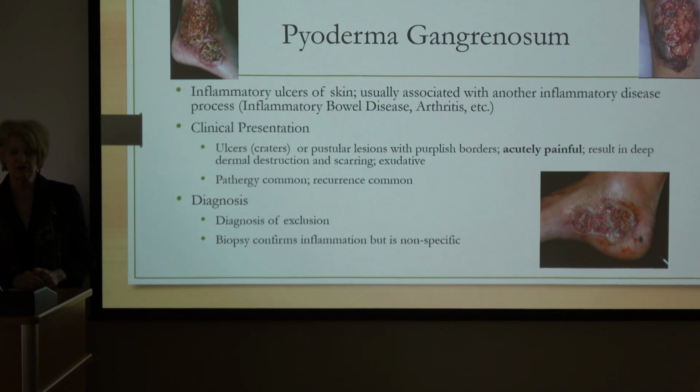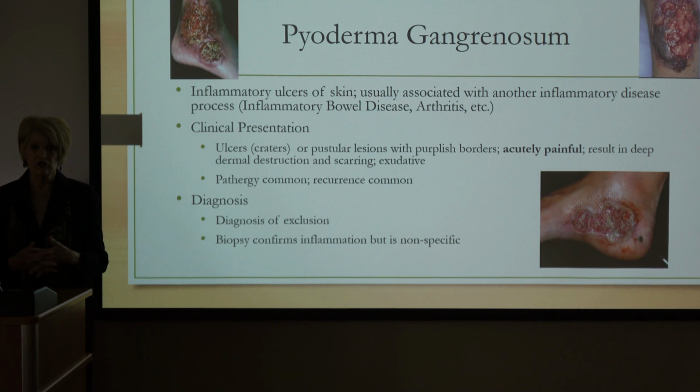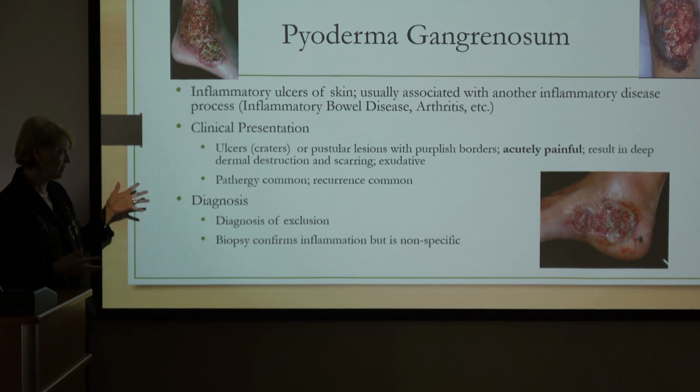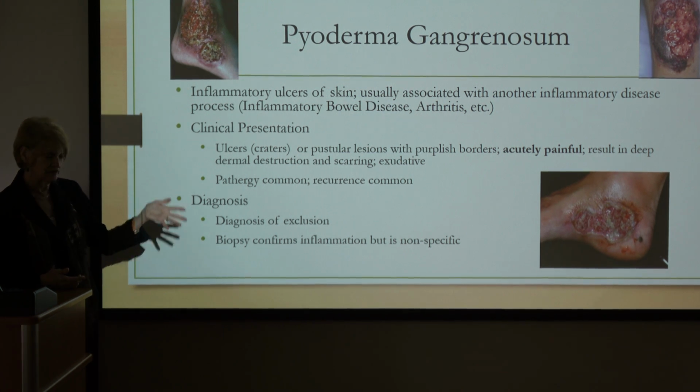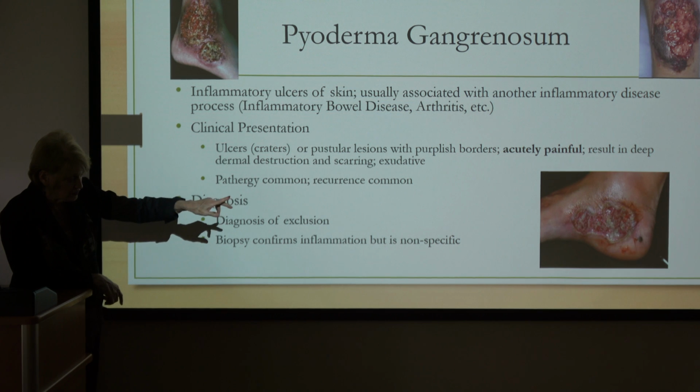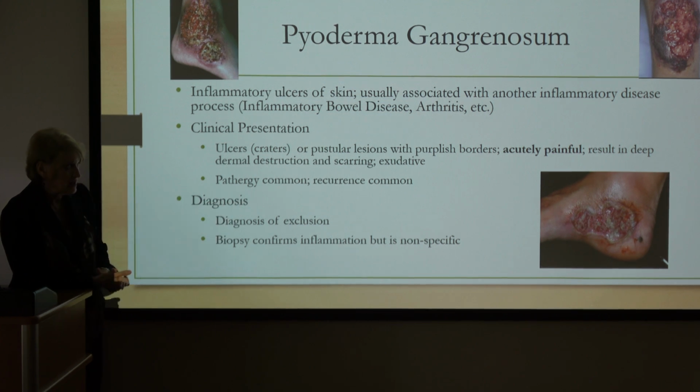How do we diagnose pyoderma? Well, many times you and I are the first ones to suspect pyoderma. We'll go in, we'll be talking to the patient, they're telling us how painful the wound is. We can quickly identify, well, this doesn't match a venous ulcer. If you look at the wound on the far right, it's on the medial malleolus, but that's the only characteristic that matches a venous ulcer.